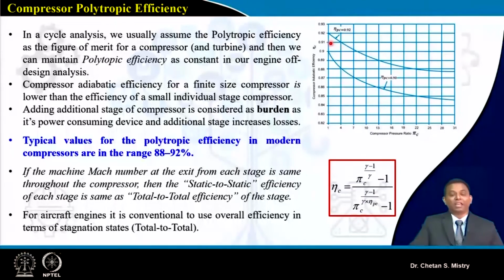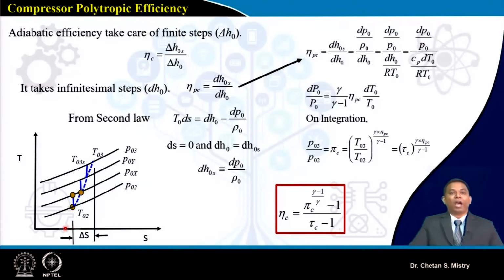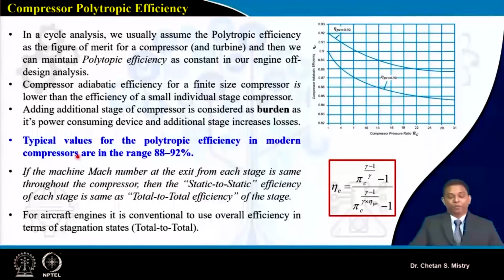So what it indicates is, if I divide my compression process into more compressor stages, then the temperature rise per stage is small, and that gives me a very high temperature ratio and higher efficiency. So if you add stages to your compressor, you are able to increase your efficiency.